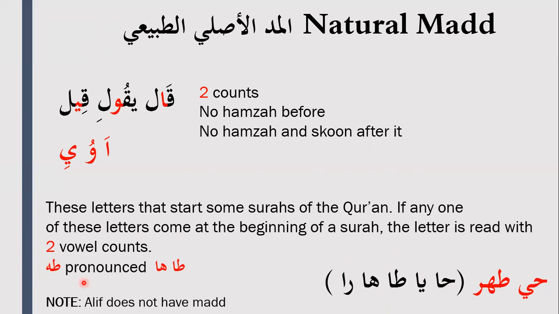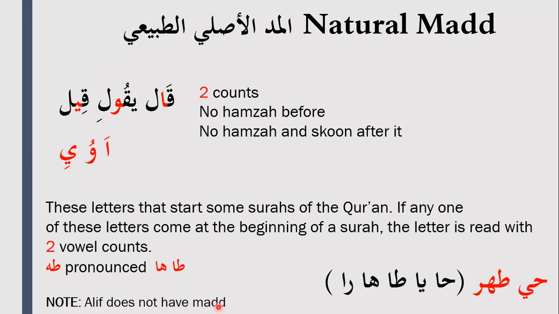So if I spelt ha out, I would put ha and alif. It's almost like spelling the words of the alphabet, which we don't do in English. But if we were to do the same, for B, I may spell the letter B out as B-E-E. And that's what you would do in English.